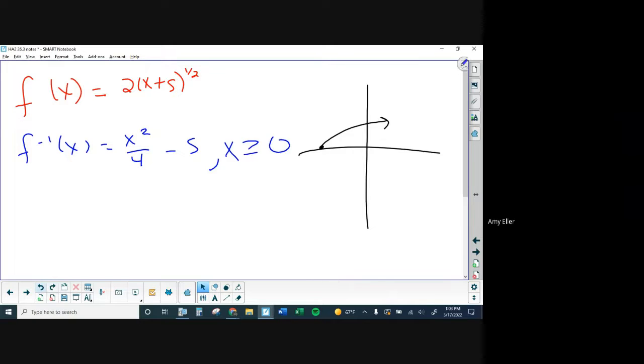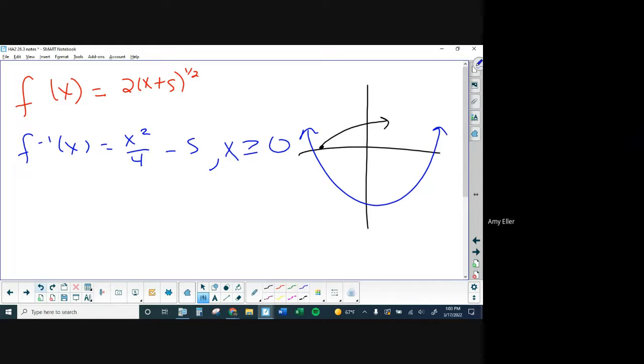Now I'm going to graph the parent function over here, x squared. You can also think of it like this, 1/4 x squared, which is probably more helpful than x squared over 4. So it's a parabola that has a vertical shrink and down 5. So something like this. That'd be a good sketch.